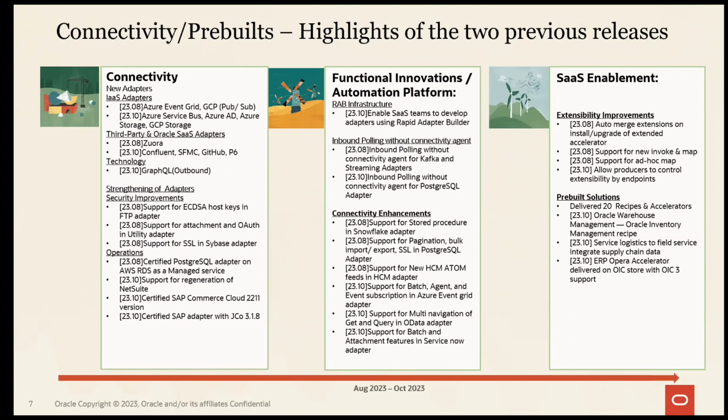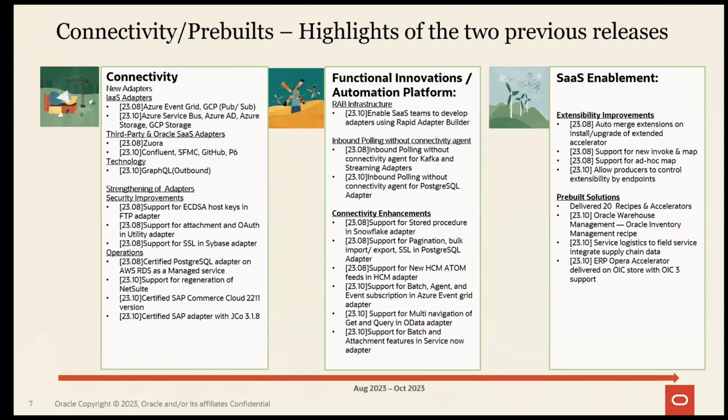Another interesting feature that we've released, and maybe more interesting for partners, but maybe for customers as well, is RAB. It's the Rapid Adapter Builder, enabling you to develop your own adapters in a declarative mode. So you can well imagine you have your team of integration developers. There are some apps that you need to integrate with.